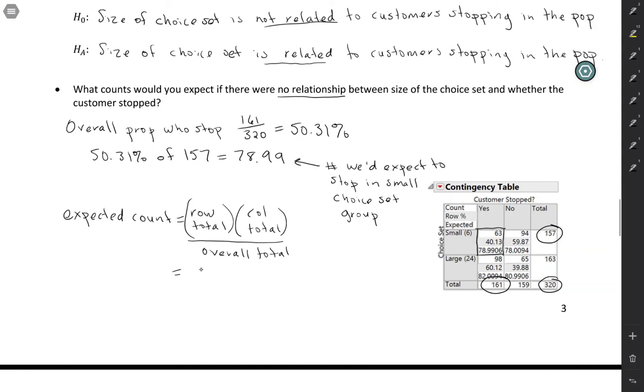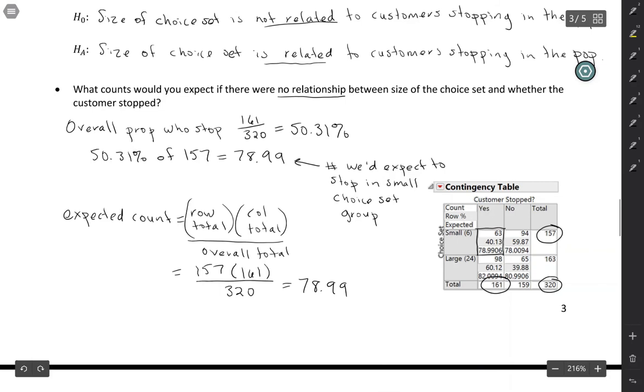So 157 times 161 divided by 320. And if you look at it, that's actually the same as the numbers that we used up here, right? So this is just a way of getting there without having to reason it out each time. Also, you can have JMP do this for you. One of the options that you can choose from the contingency table when you click the little down arrow is expected, and that's going to give you the expected counts for each category.